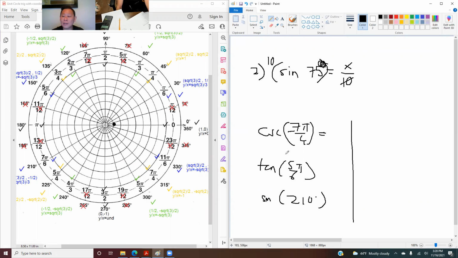The other one is the arc functions. Remember the arc ones?